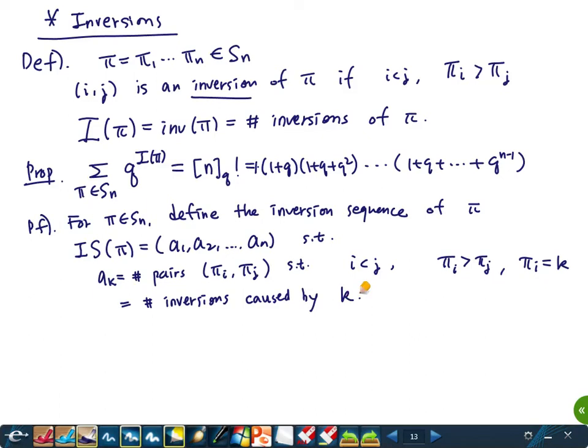Or, in other words, the number of j such that pi j is greater than k. Oh yeah, I think this is k, j, pi j. Is that right? Oh, I think I have a typo in my lecture note. But anyway, this is what I meant.